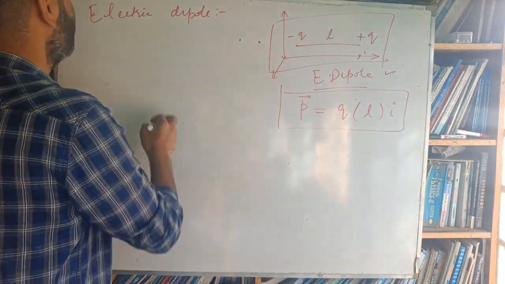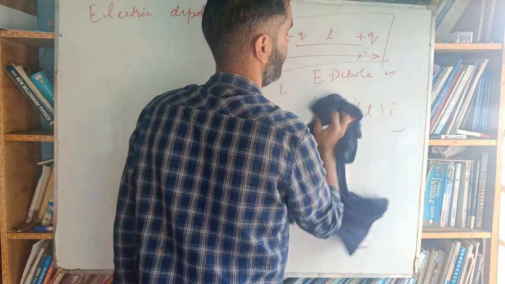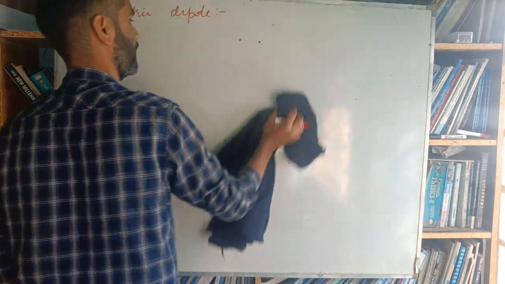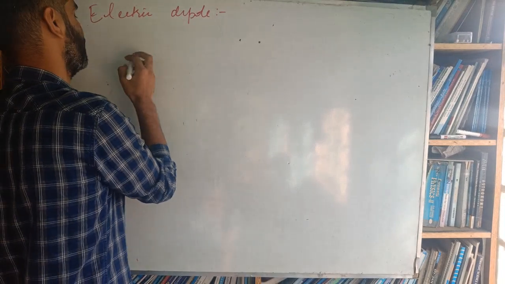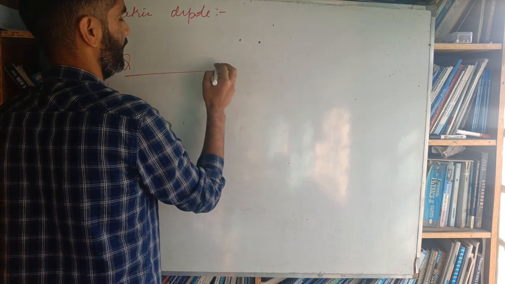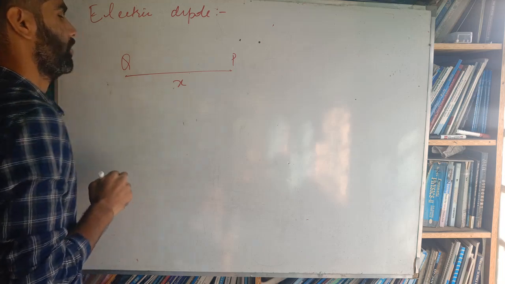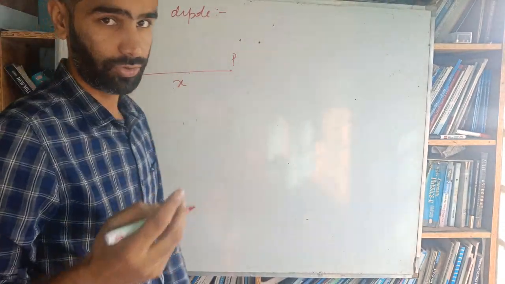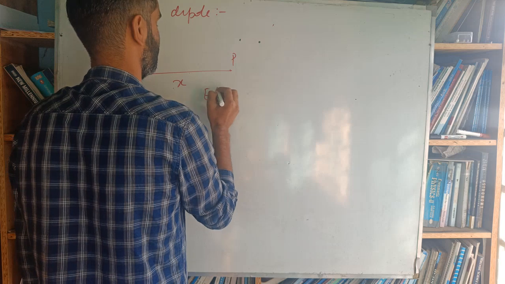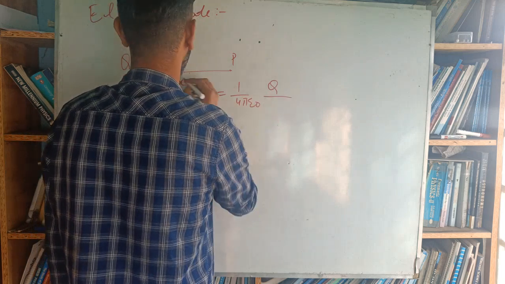Now our job is to know what the electric field intensity is due to this dipole. For that, we already know the electric field due to a point charge. If I have a point charge Q here and I want to know the electric field intensity at point P, which is at a distance x from this point charge, then the electric field intensity at point P is E equal to 1 over 4 pi epsilon naught Q over x square.